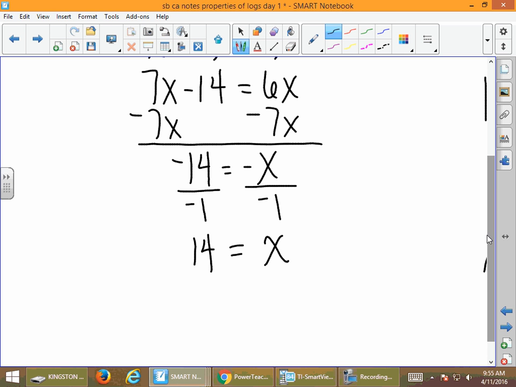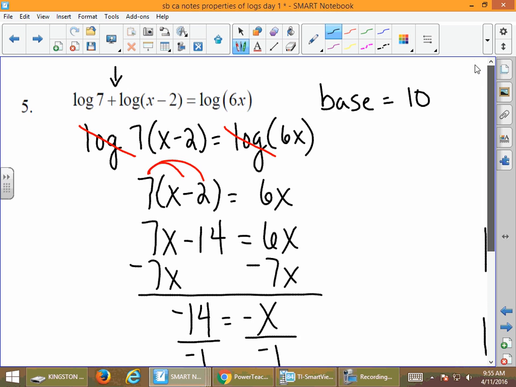We still need to check for extraneous solutions. All that we're going to do is take that 14 and put it back into the problem. We have to put it back in 2 places this time. This value has to be positive. This value also must be positive.